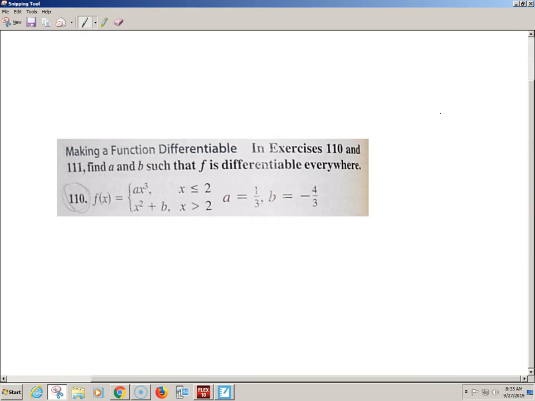Okay. Right now, according to our forever cards, if I say the word differentiable, what should you be thinking? Continuous, right?